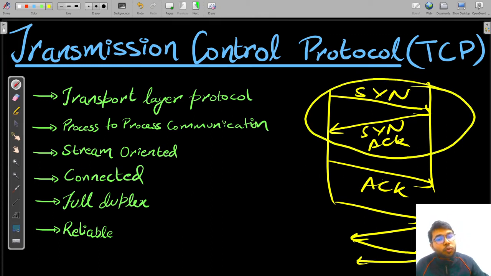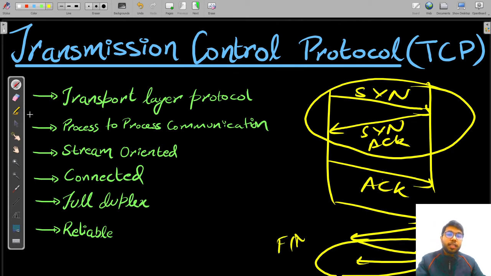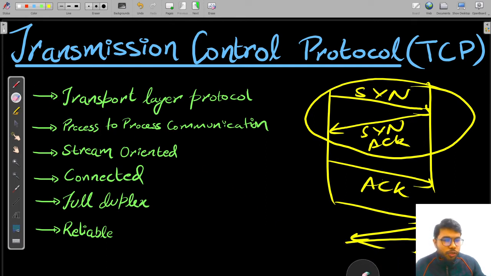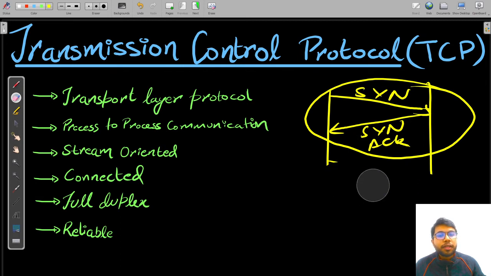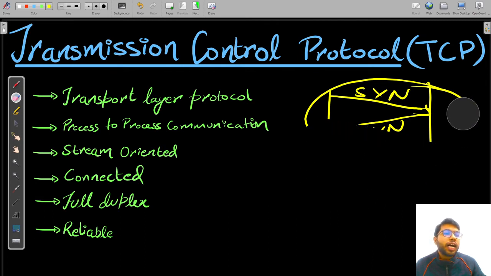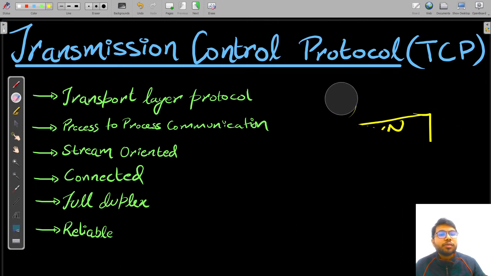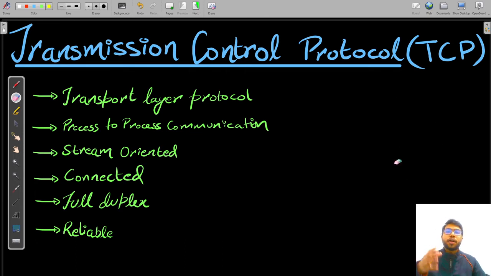It also has to break a connection. Those are your FIN packets. FIN tells us, okay, let's stop the connection right now. We will discuss all these things later in much more depth. But for now, all you need to know is that a connection is being maintained. You form a connection, and only then do we begin our communication.